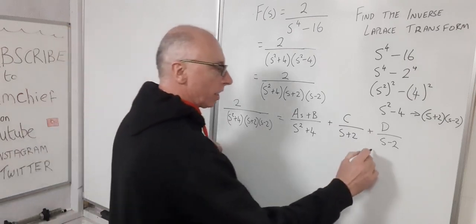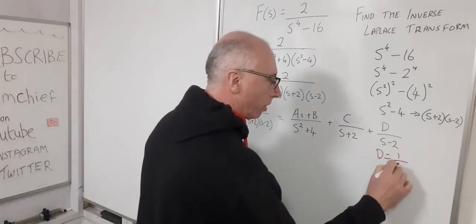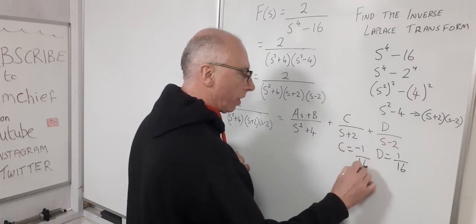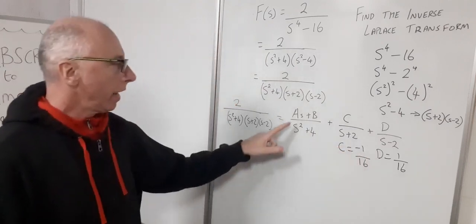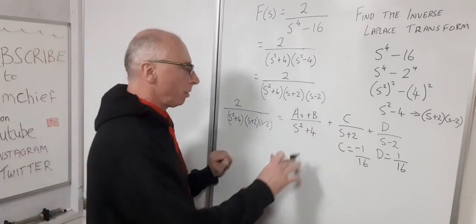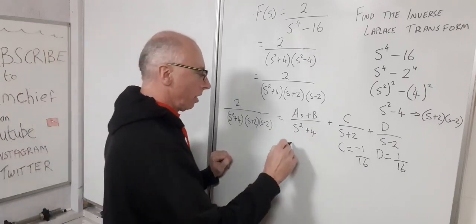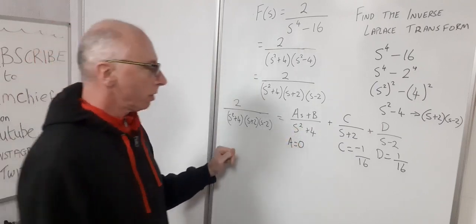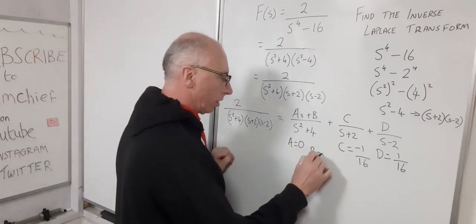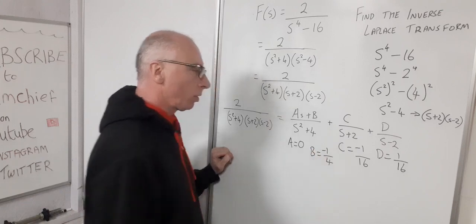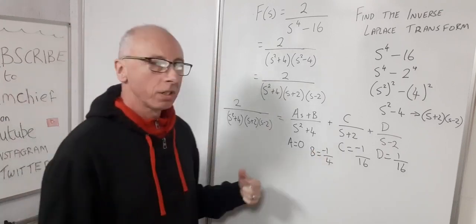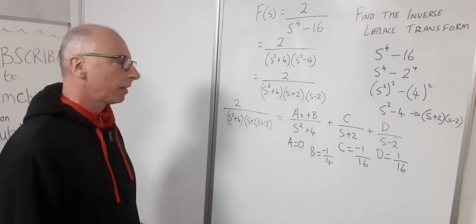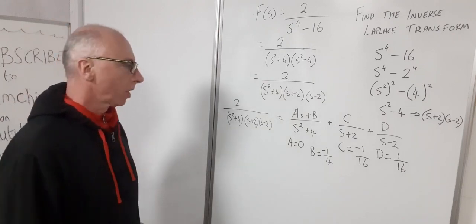So here we got D equals 1 over 16, C equals minus 1 over 16, and then for the term with the quadratic denominator, A was 0 and B was minus a quarter. So that's the result of the partial fraction decomposition. Check the link below and you can see how we got to that. It's quite an interesting and quite a lengthy video.